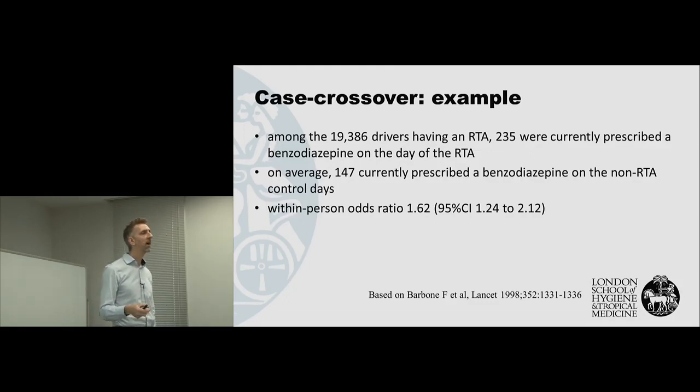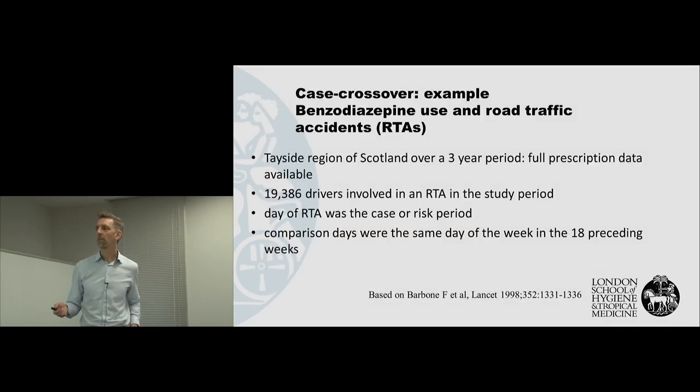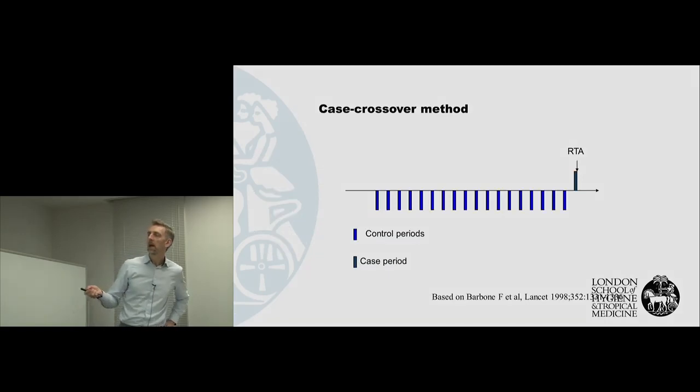Okay, so in lots of ways, this is a more simple design than the self-controlled case series. It makes fewer assumptions. It also, I haven't got time to go into it particularly today, but it does assume that the risk within the whole population of receiving a treatment is static over time. So if we go back to this example here, let us imagine that rather than weeks, this was years.